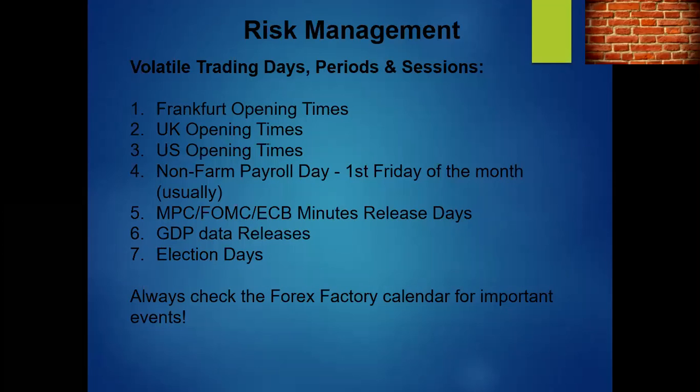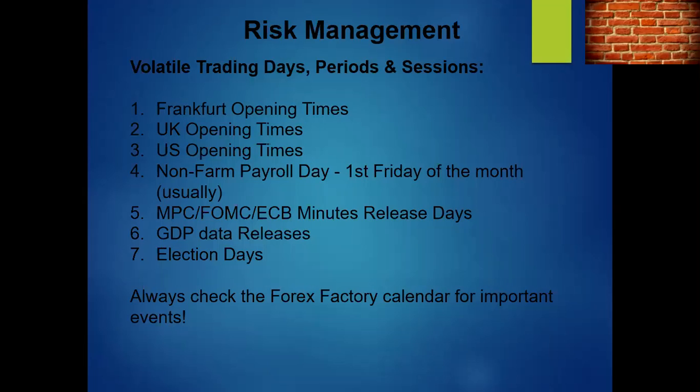So let's say 7 out of 9 members of the MPC vote for an interest rate hike. Then that will be recorded in the minutes, and investors will view that as a sign that the UK economy is improving, and they will buy cable. The same applies to the US.